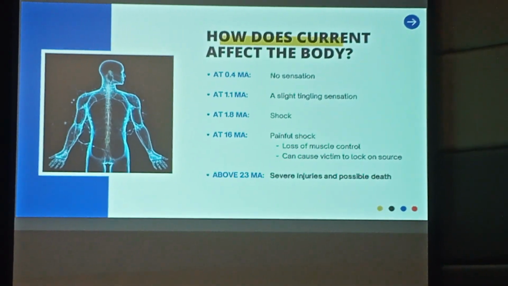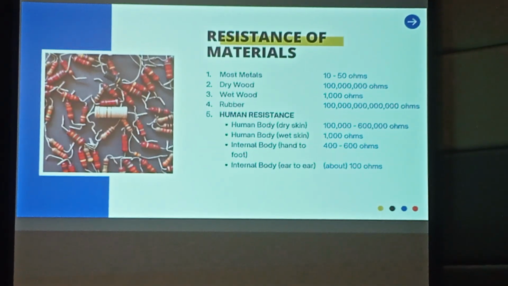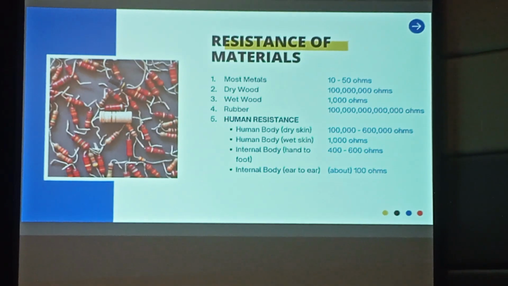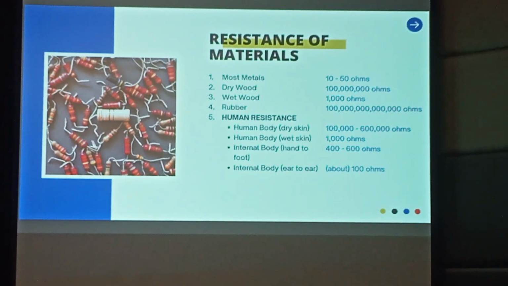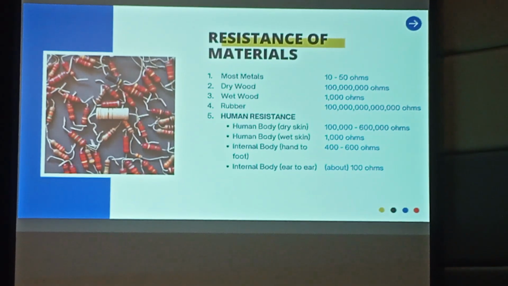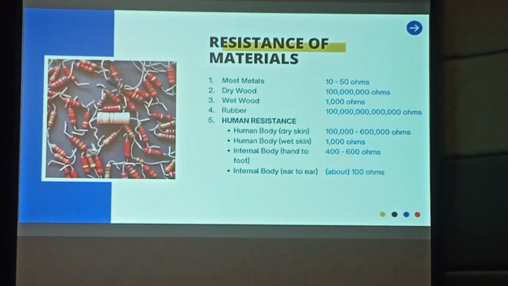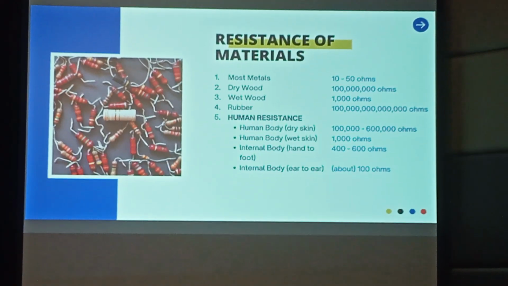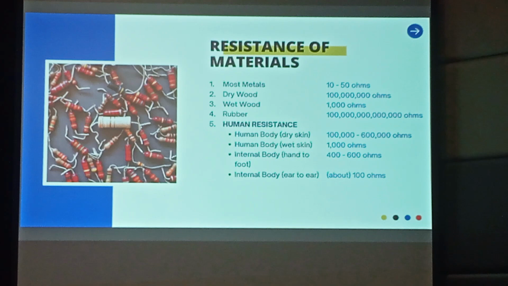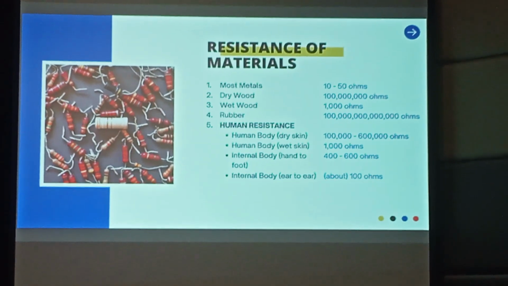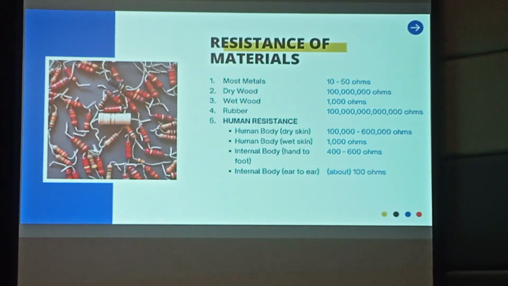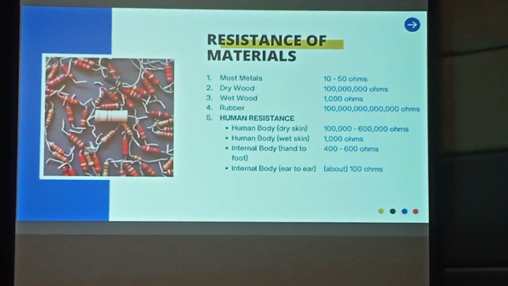Okay, next slide please. I'm not sure if this was discussed, but we learned this as well in school, what the resistance of materials are. Most metals have 10 to 50 ohms of resistance. Dry wood, although an insulator, is still a conductor.